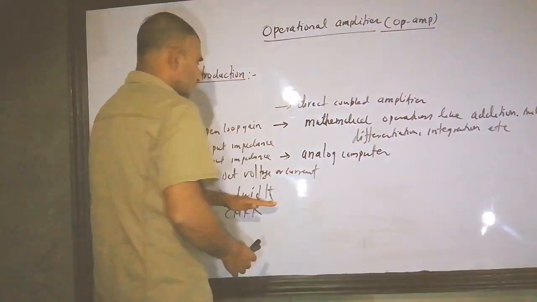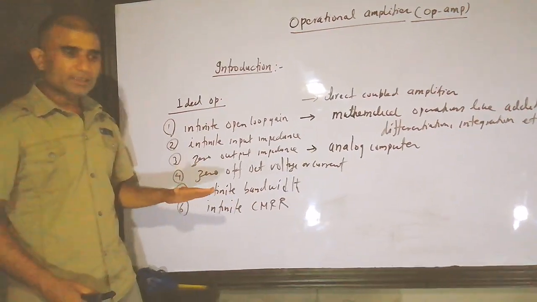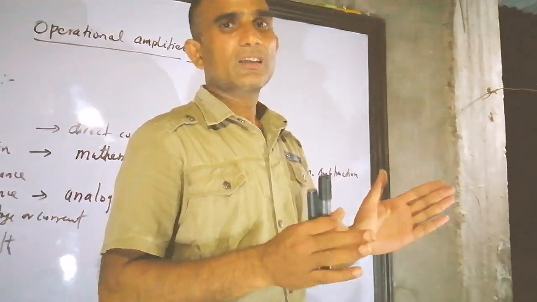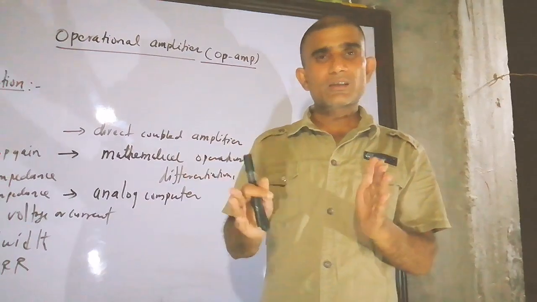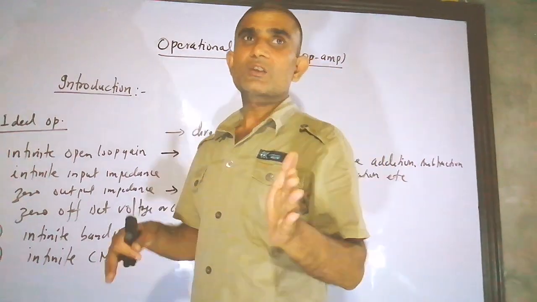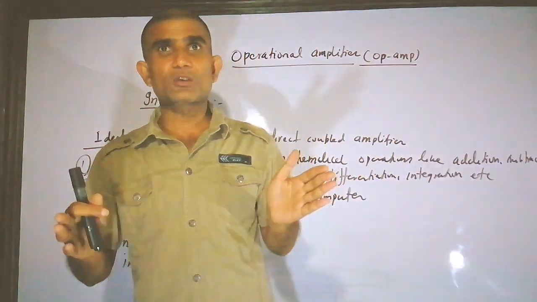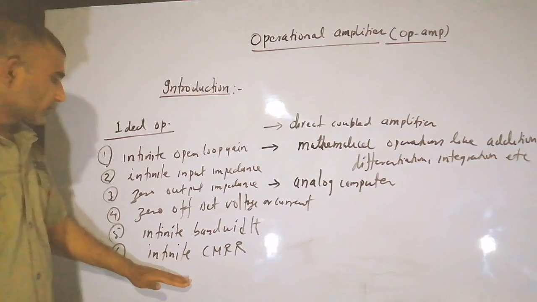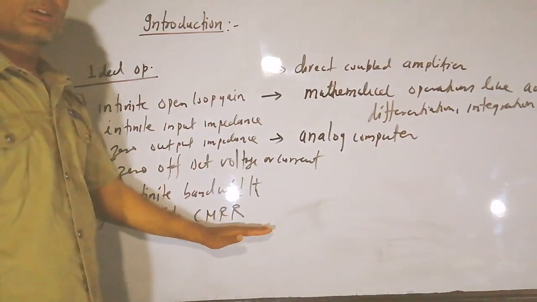Likewise, infinite bandwidth. Bandwidth is the difference between the lower cutoff frequency and the upper cutoff frequency. So it has no upper and no lower cutoff, meaning it starts from zero hertz to infinite. So bandwidth is also infinite in this ideal operational amplifier. And last I wrote infinite common mode rejection ratio.